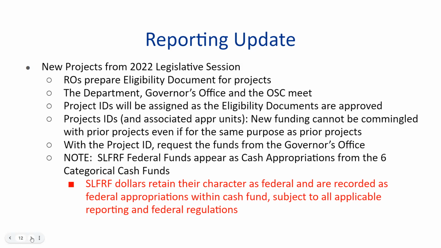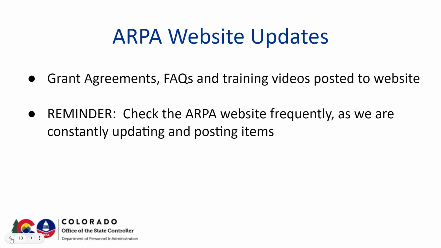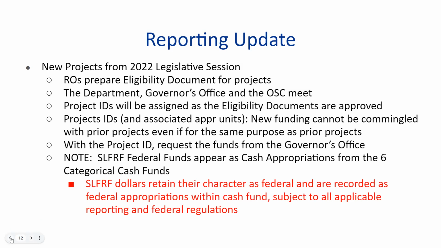And then the last thing I wanted to cover is that the way these funds are appropriated can be a bit confusing. All of the federal money, the $3.8 billion, was put into 6 different categorical cash funds, like the behavioral and mental health cash fund, the housing cash fund, and an economic resiliency cash fund. So there are 6 of those cash funds. And then when the legislature appropriated, they appropriated out of those cash funds as cash appropriations.